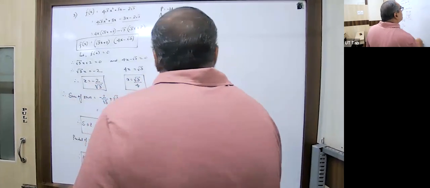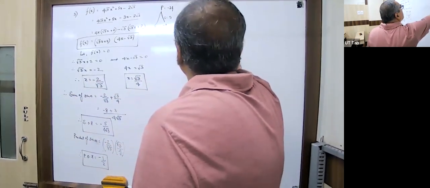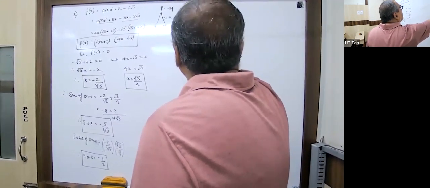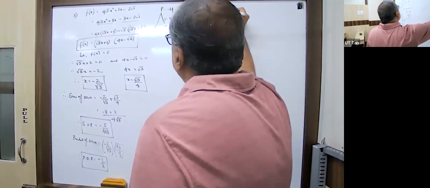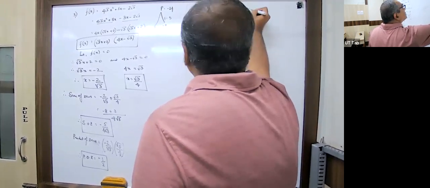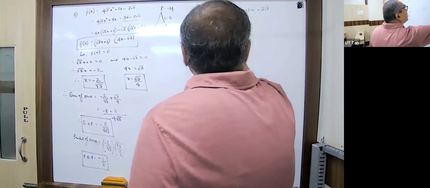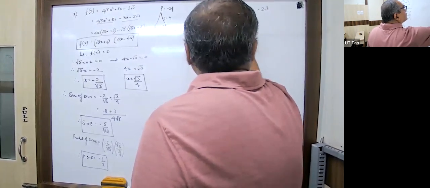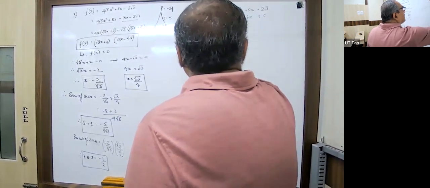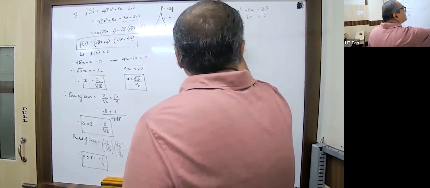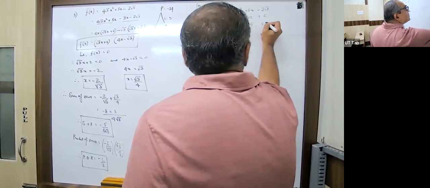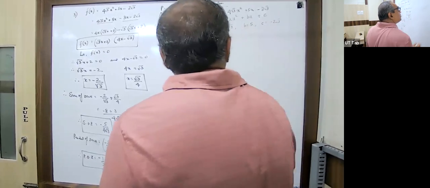Now, for the verification, I will write comparing 4 root 3x squared plus 5x minus 2 root 3 with ax squared plus bx plus c. We get a is 4 root 3, b is 5, c is minus 2 root 3.